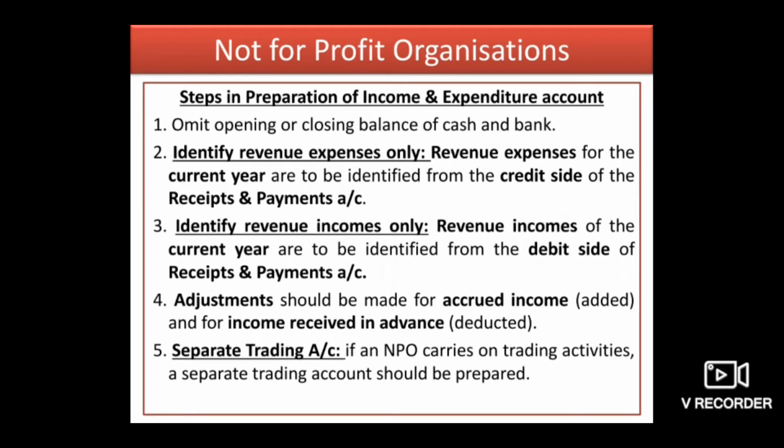So we will get the revenue incomes from the debit side of the receipts and payments account, or from the receipt side of the receipts and payments account. So in order to take the revenue items, we have to take it from the receipts and payments account.